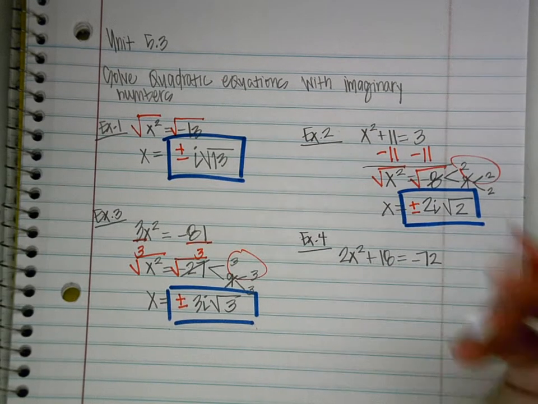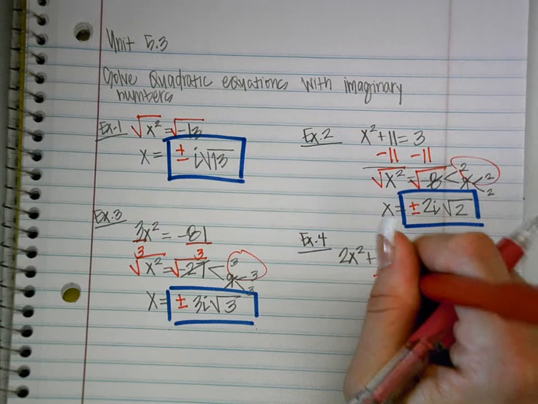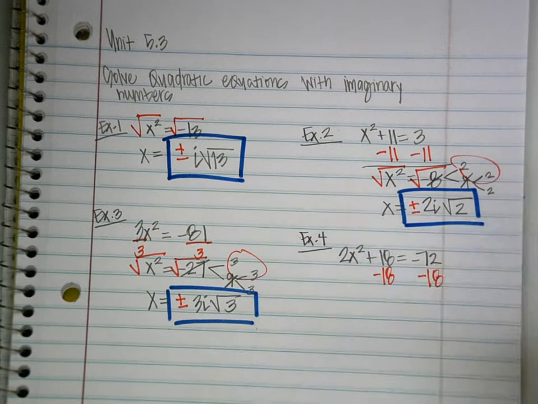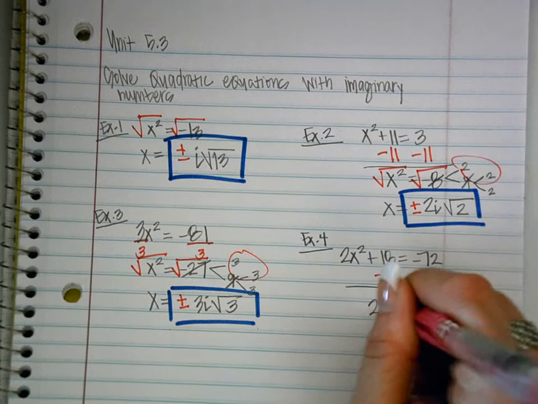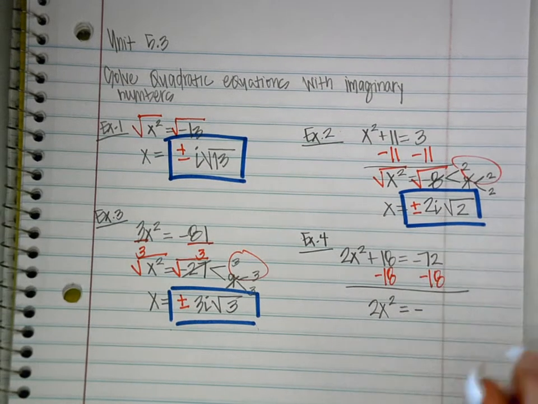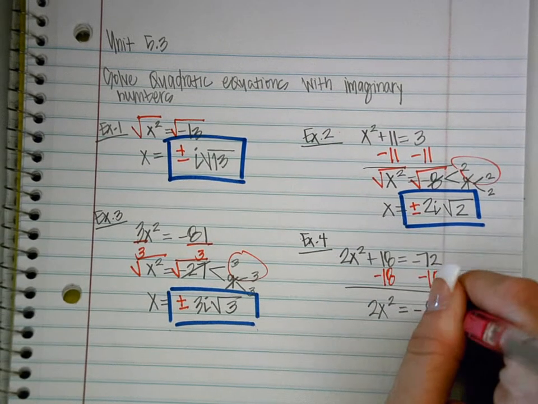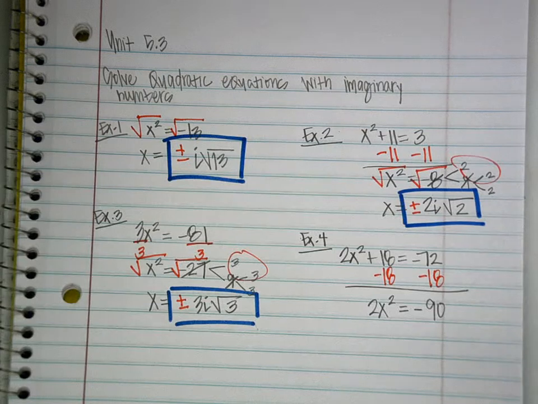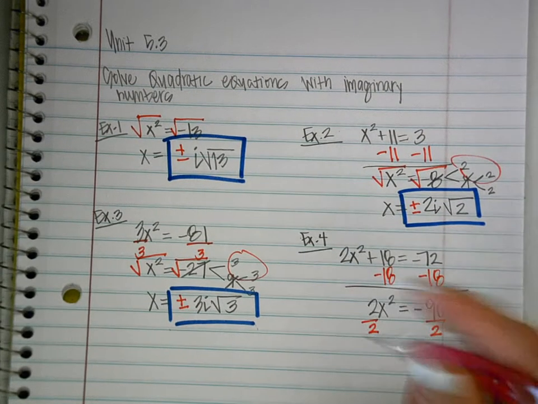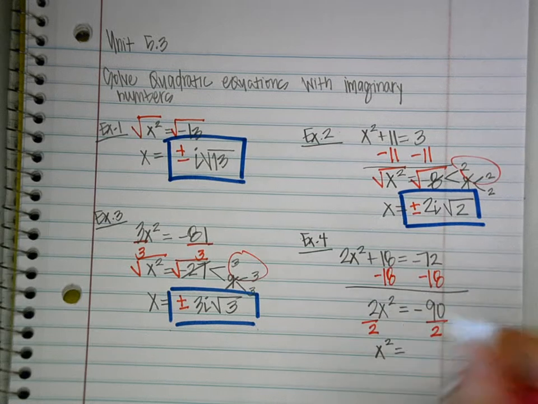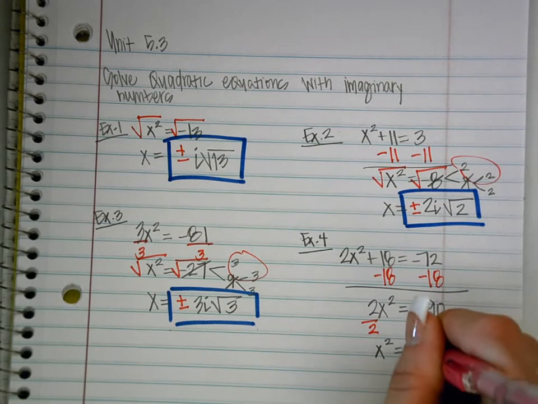Any ideas? Start by moving the 18, right? So subtract 18. Since we have the same sign, you're actually adding those. So 2x squared equals still negative. 72 and 18 gives you 90. Then divide both sides by 2. That leaves you with x squared equals 90 divided by 2, which is negative 45.